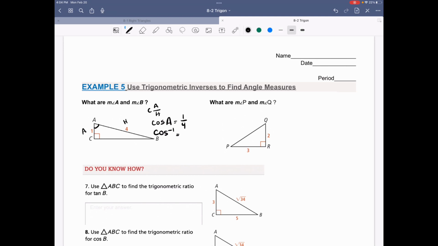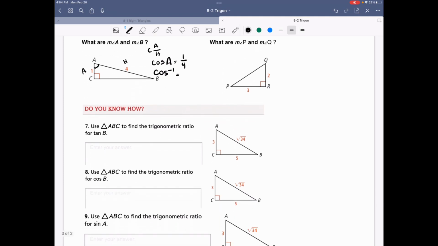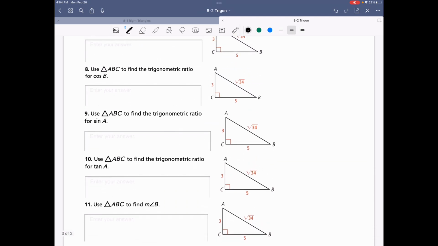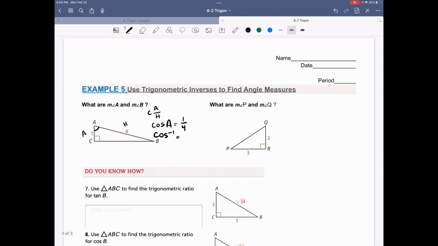So I'm gonna actually just pause the video and show you guys how to use the calculators to do these problems. And then after that, you will do these problems in your groups, and then you will be finished with your notes.